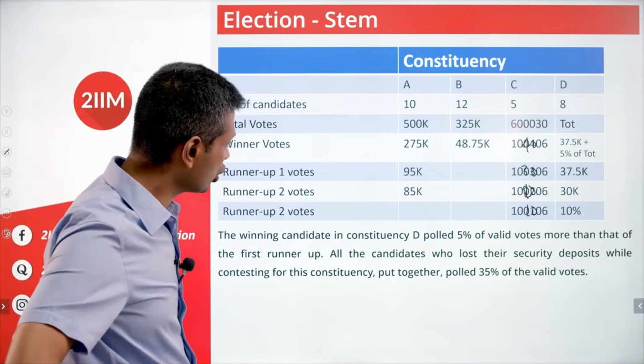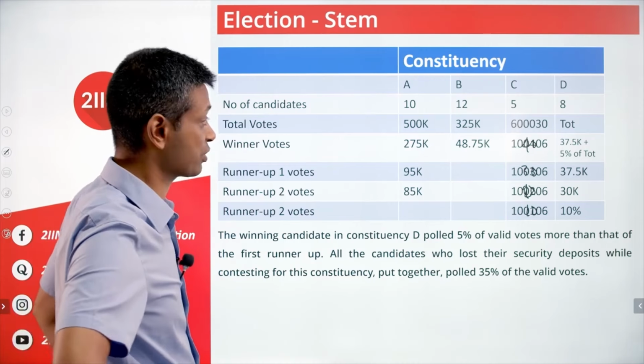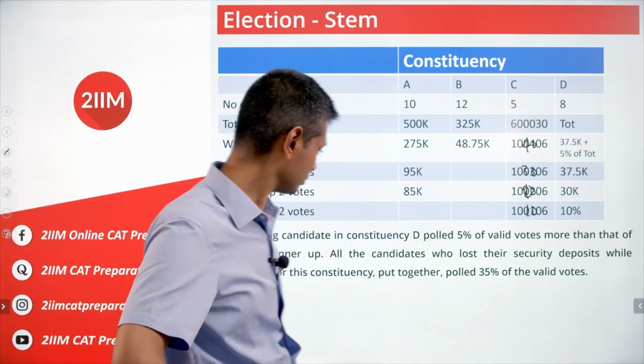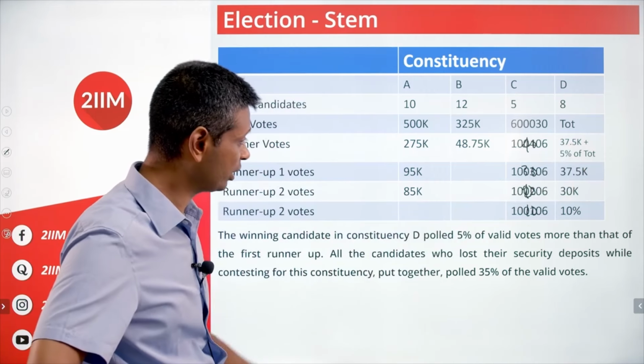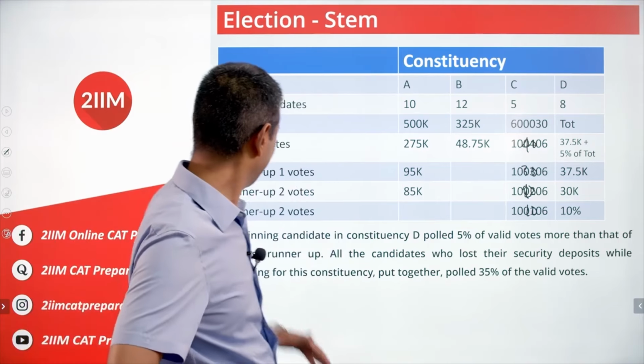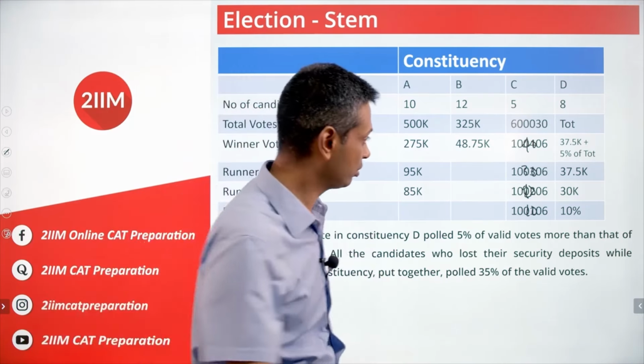The winning candidate in constituency D polled 5% of the total valid votes more than that of the first runner-up. We have 37,500 plus 5% of total. All the candidates who lost their security deposits polled 65% of the valid votes. Runner-up 2 onwards, everybody lost their security deposit.